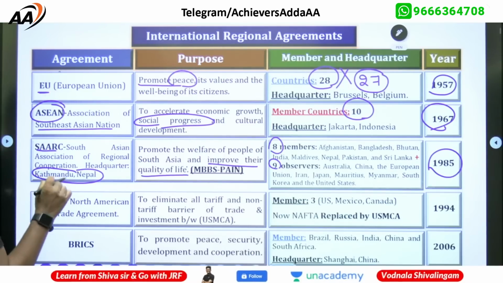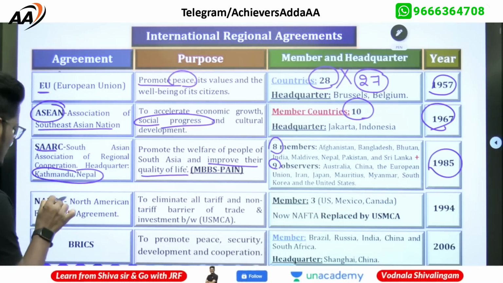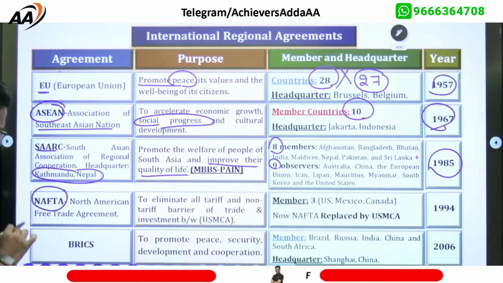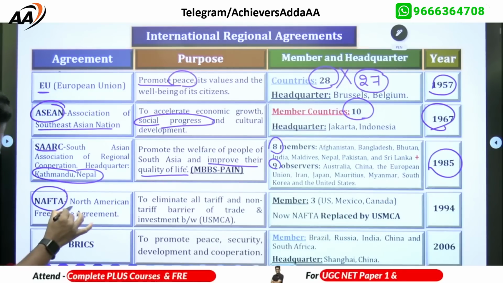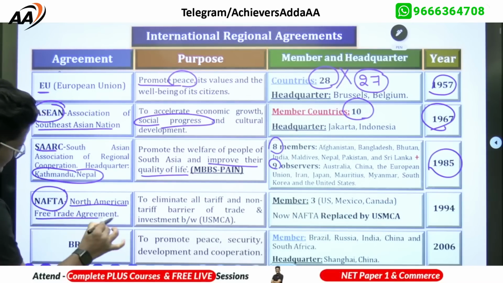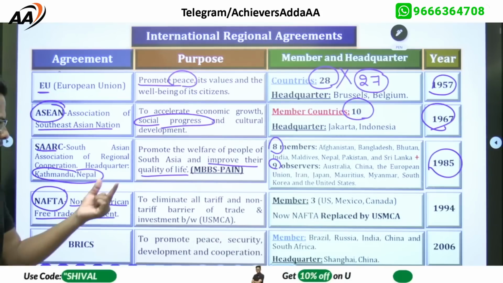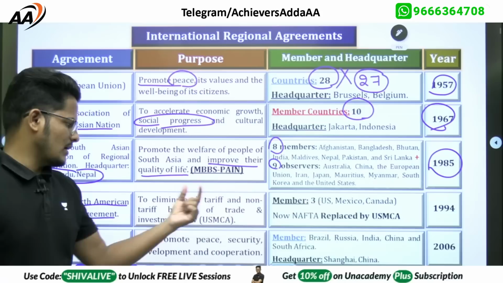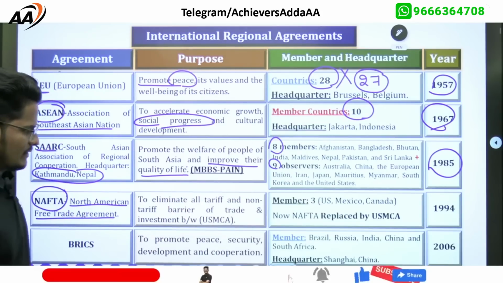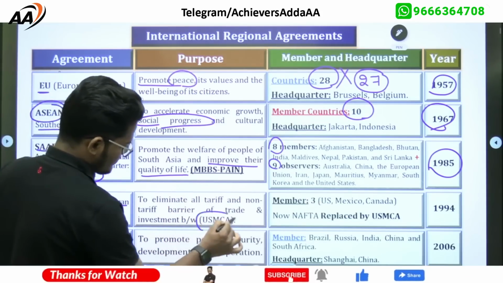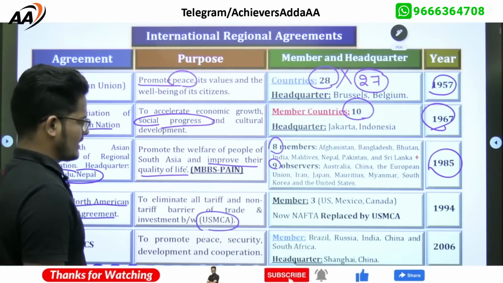Now here, NAFTA, the North American Free Trade Agreement, eliminates all tariff and non-tariff barriers to trade and investment between the United States, Mexico, and Canada.